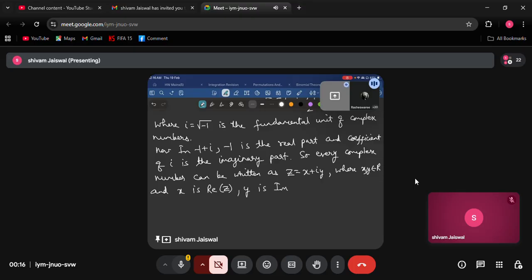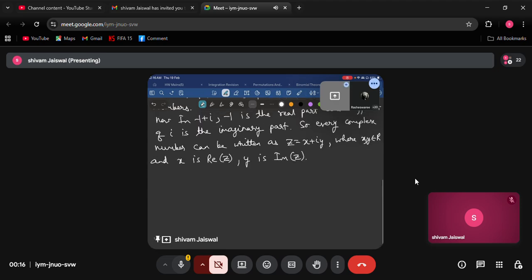This is how it is denoted: real part of z and imaginary part of z.